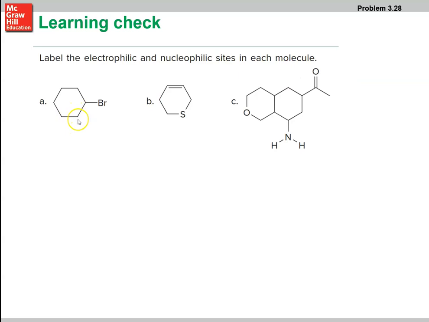But what I'd like you to do is I'd like you to label the electrophilic and nucleophilic sites. So notice there's sites, so multiple sites on these molecules. And then we'll talk about this in class. So we'll start this. So I'm not going to give you that much time to do this in class because I want you to do this while you're watching this video. So pause here, finish this, and bring your notes regarding this to class.